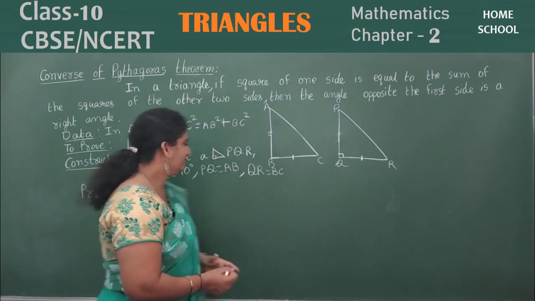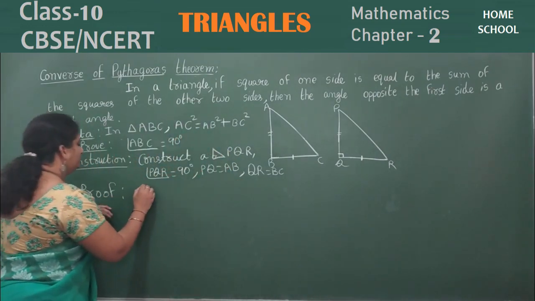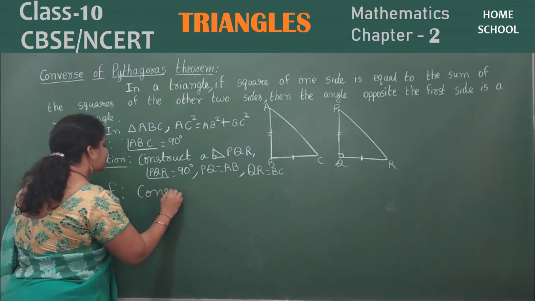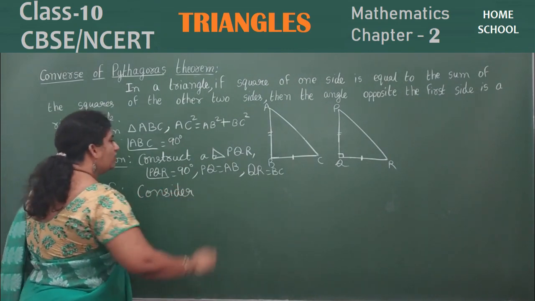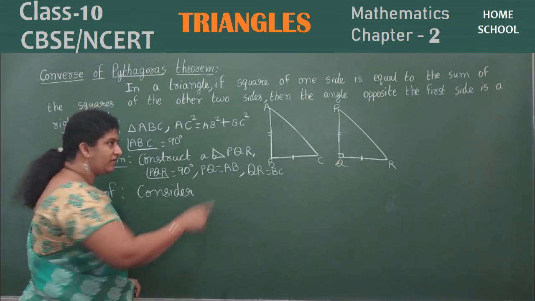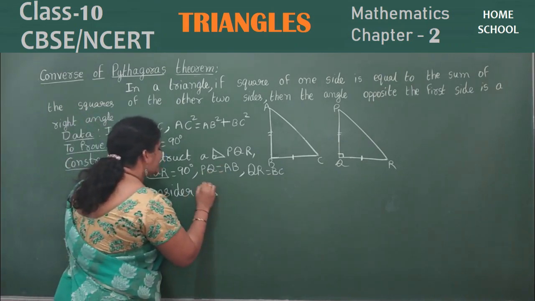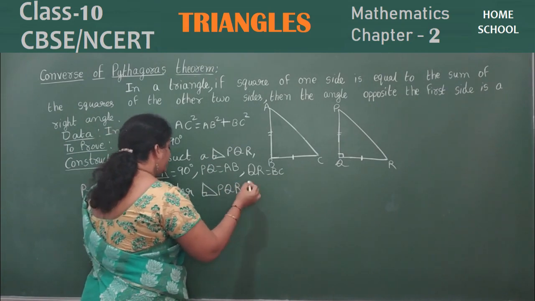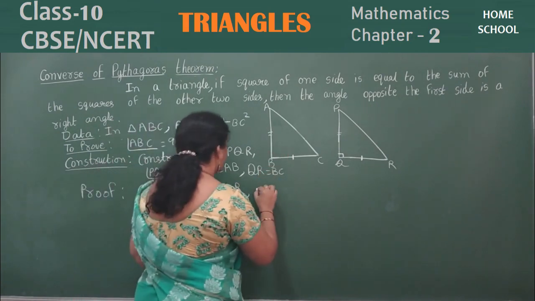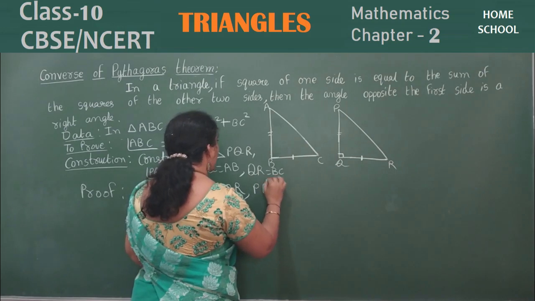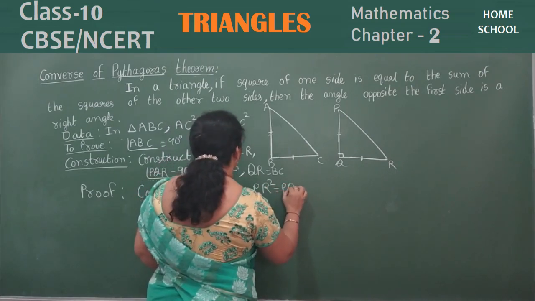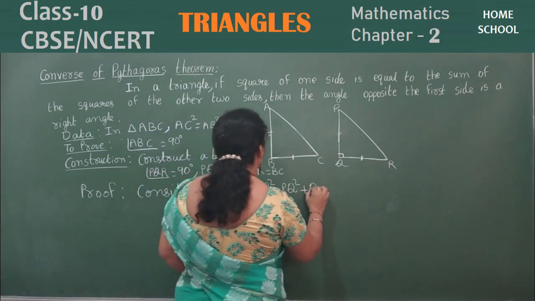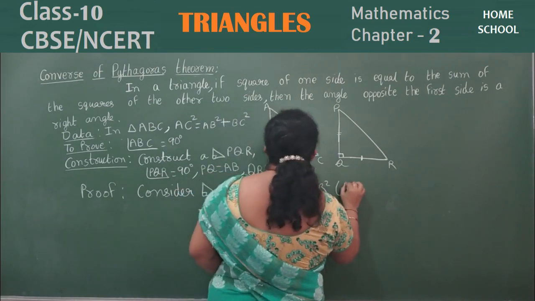Okay, let's start here. What do we need to consider here? We need to consider right triangle PQR. Apply Pythagoras theorem: PR square is equal to PQ square plus QR square.